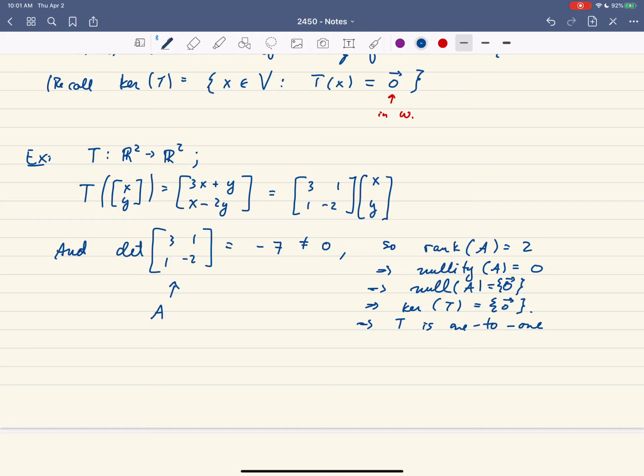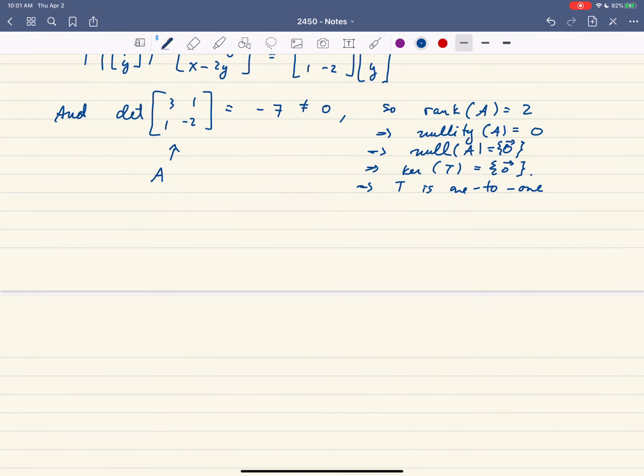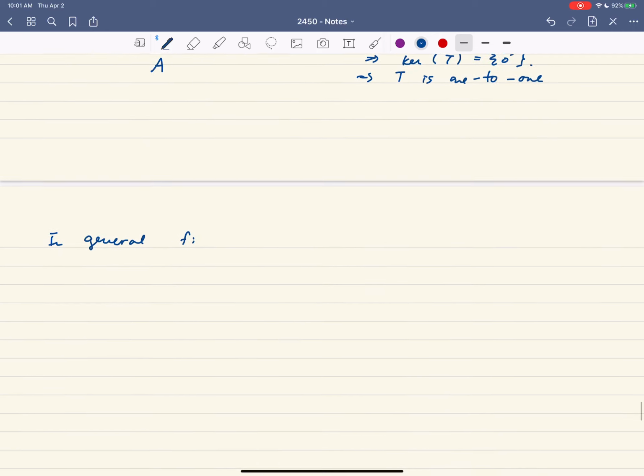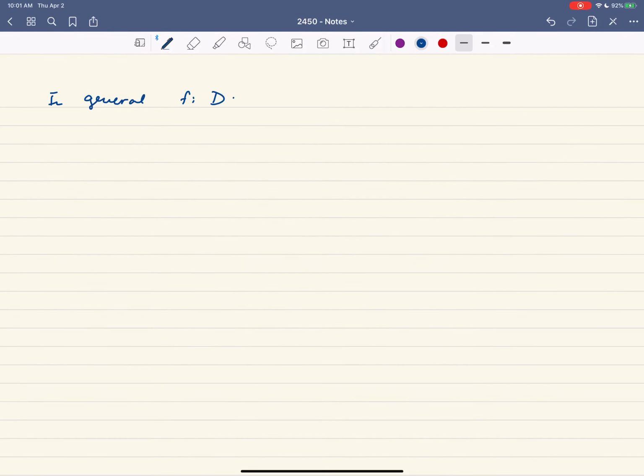Okay. A few other things to say. I want to quickly describe in general, for general functions f going from D to E, f is going to be called onto if, there's a few different ways to say this, but I think the easiest way, since we've talked about the codomain and the domain, and the codomain and the range, is just to say that a function is onto if the codomain is equal to the range.